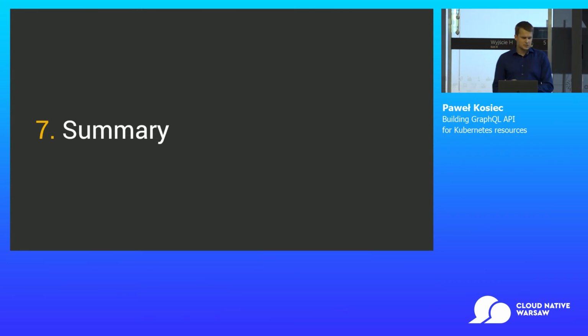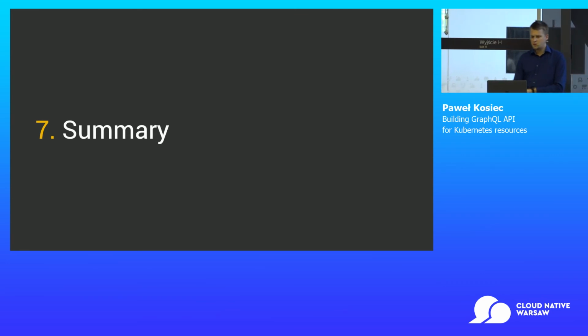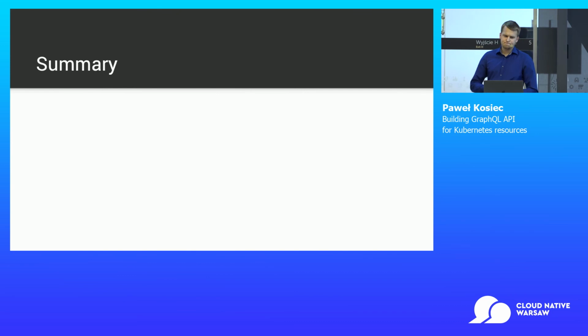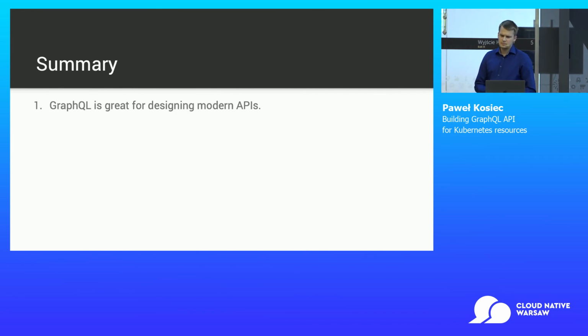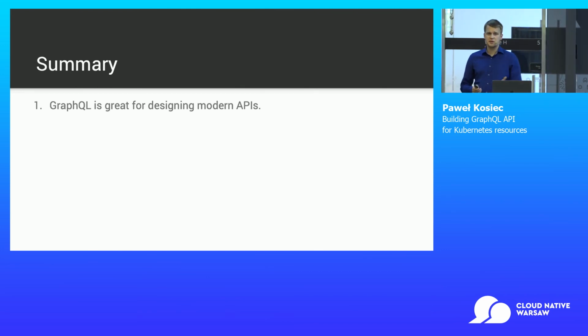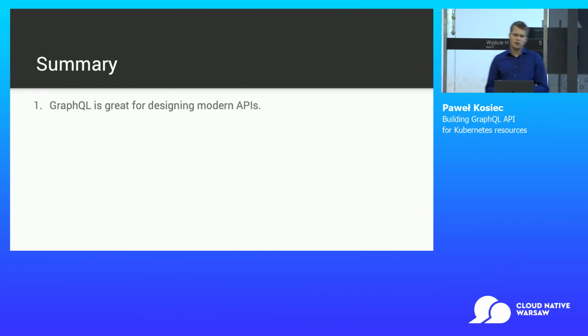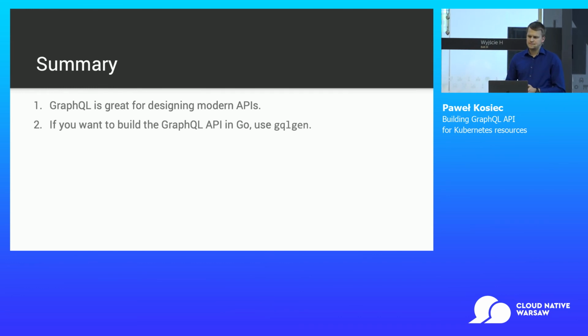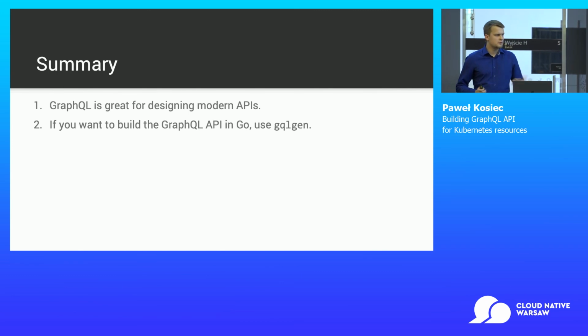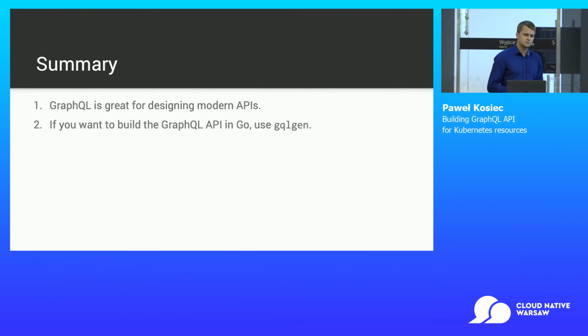So it's time to summarize the talk. I think GraphQL is really great for designing APIs, especially for UI and mobile apps. I would also recommend using GQLGen if you want to write a GraphQL server in Go.